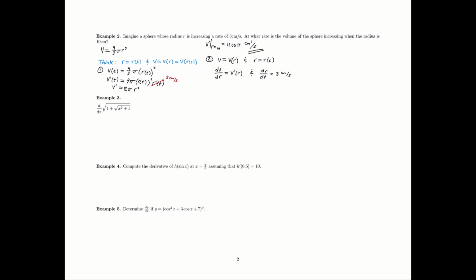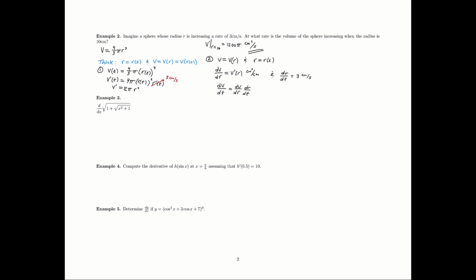And I guess if you want to write the units on the volume, this would be centimeters squared, or excuse me, centimeters cubed per centimeter. And then that means that dV/dt would have to be dV/dr times dr/dt, multiplying that chain rule through.